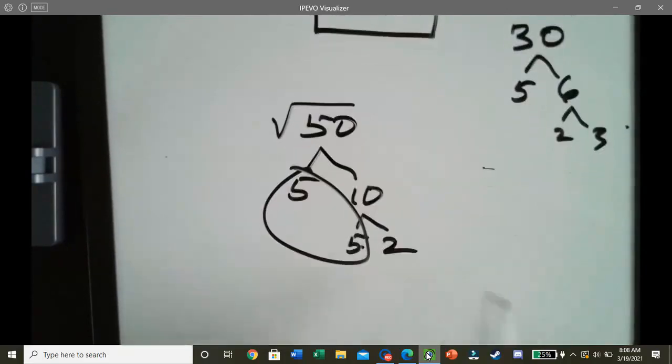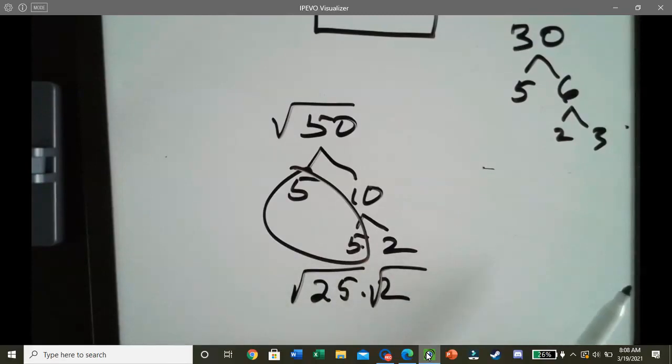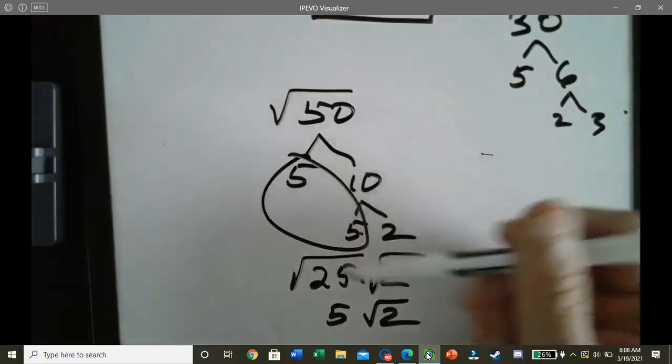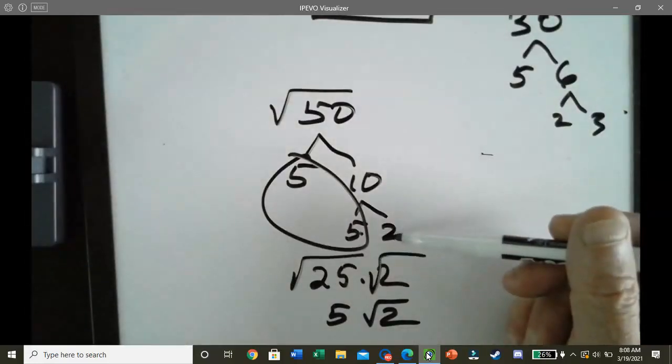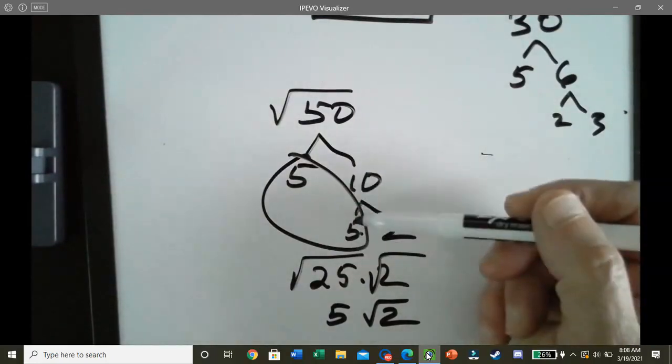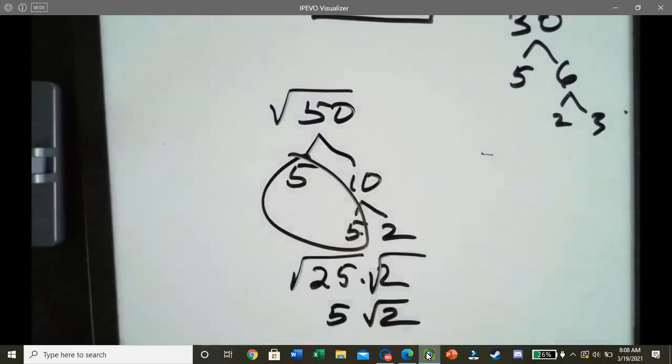That's the same thing as if you said 25 times 2, right? Well, you can get an even square root out of 25, right? So that would be 5 square root 2. So you want to break it down into what we call prime factors, and then see where we can get doubles to get an even square root, okay?